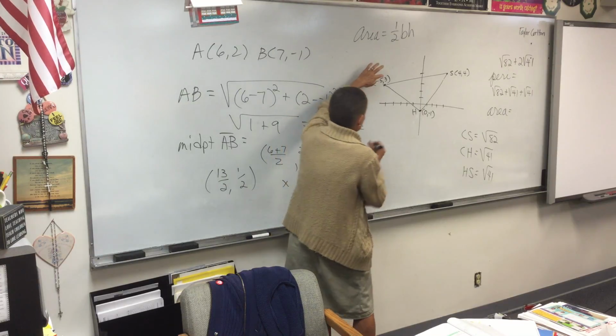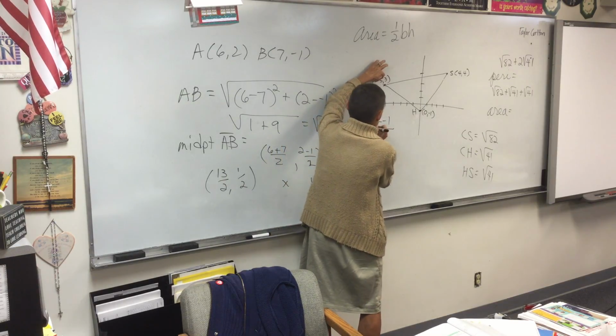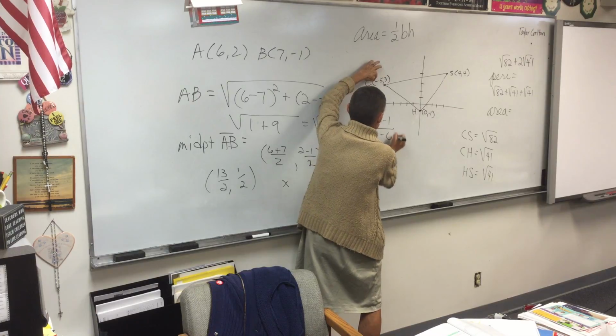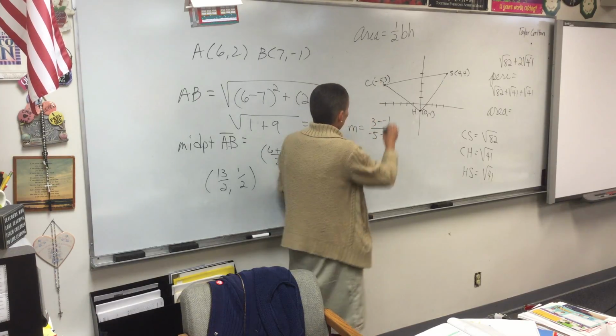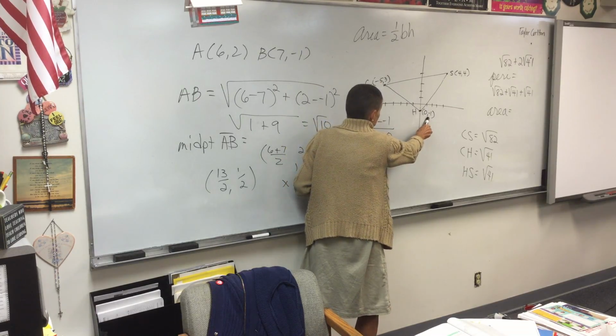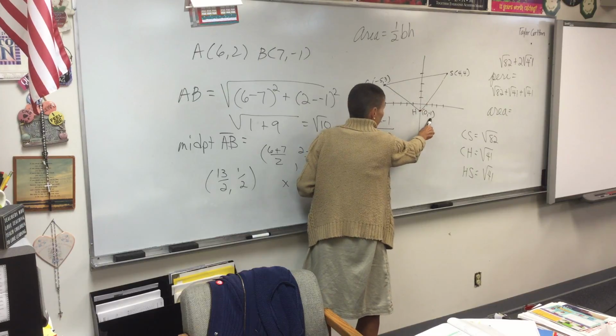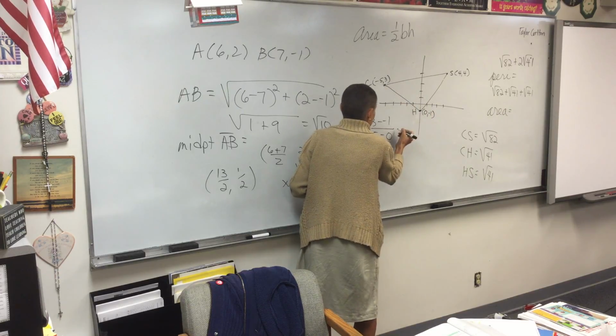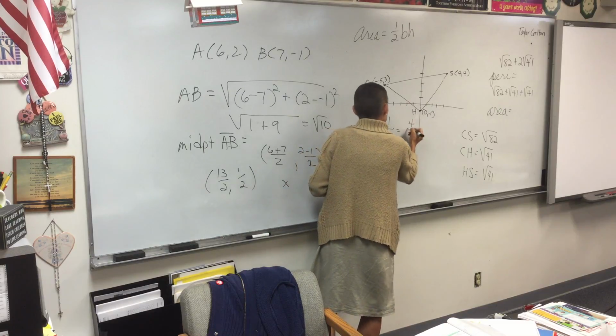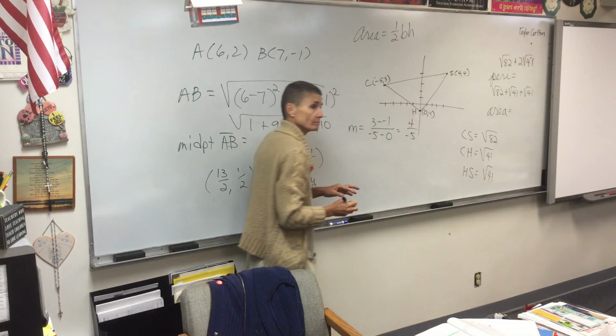Okay, so here we go. 3 minus -1 over -5 minus 0. Y minus Y, just like Abby said, over X minus X. That works out to be 4 over -5.